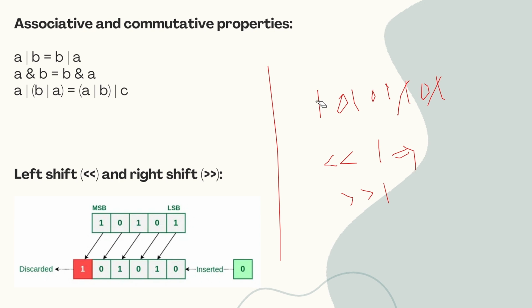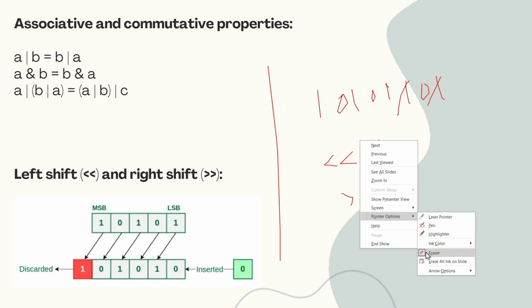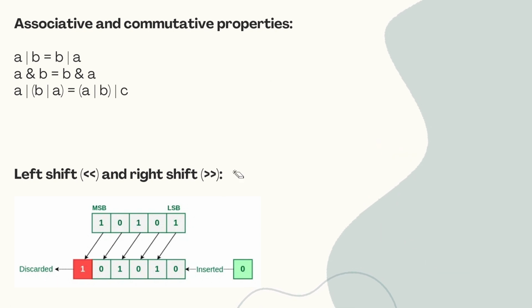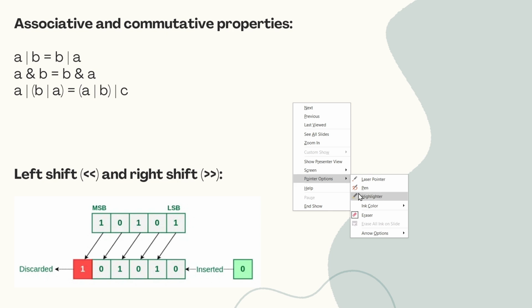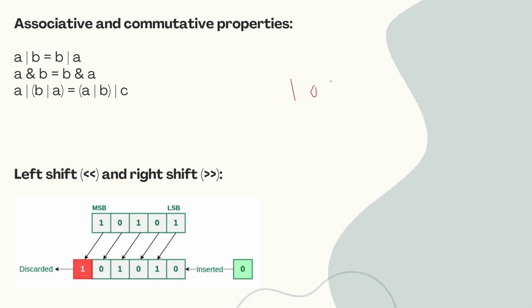Right shift means you're simply removing the right side thing and you're adding 0 at the start. Simple. So in simple terms, for any binary number, left shift means you need to remove the left side number and you need to add a 0 at the end.